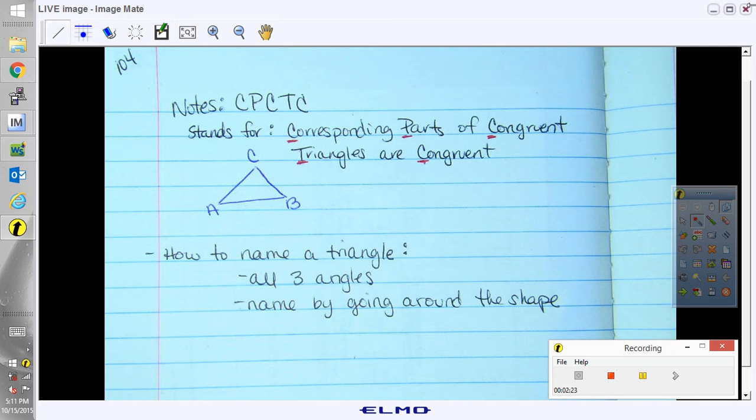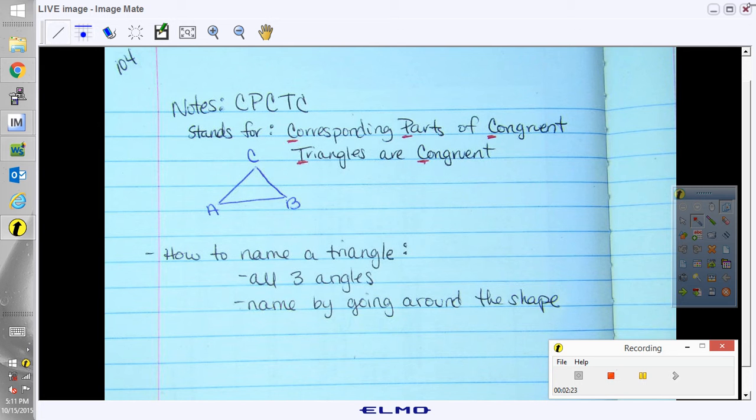So if I look back up at the triangle that I was referring to, I'm going to start with angle A. I could just call angle A, angle A. But if I wanted to also refer to angle A, I could also use 3 letters to name angle A. And what you have to pay close attention to is that the angle I'm referring to needs to be in the center of the 3 letters. So I could call this angle CAB, where A is in the center, or I could go the other direction and say angle BAC, where still A is in the center.